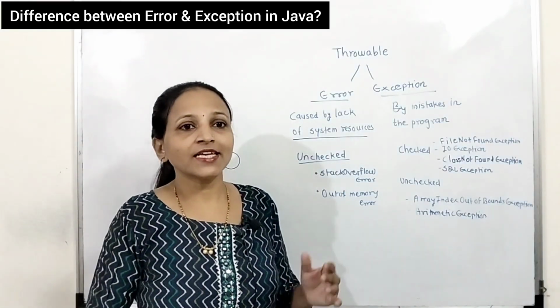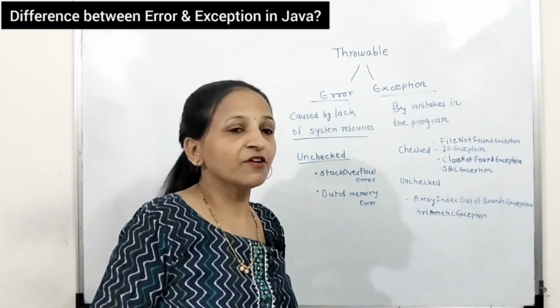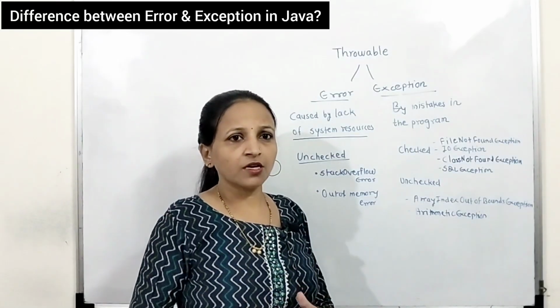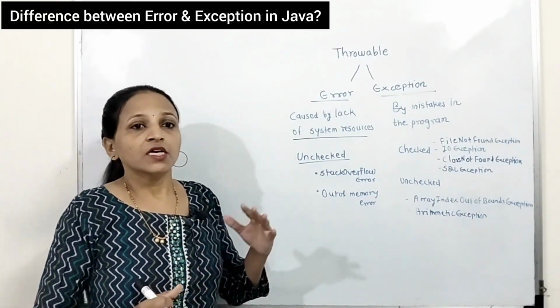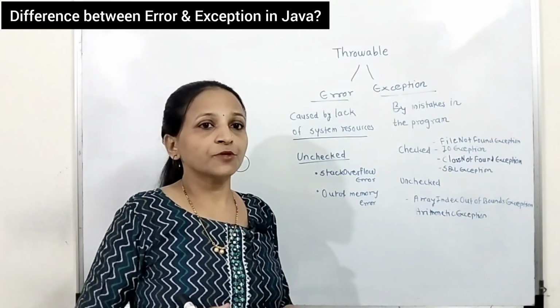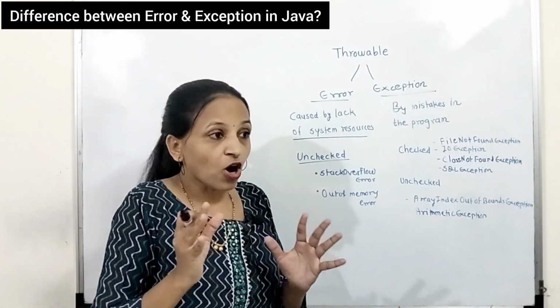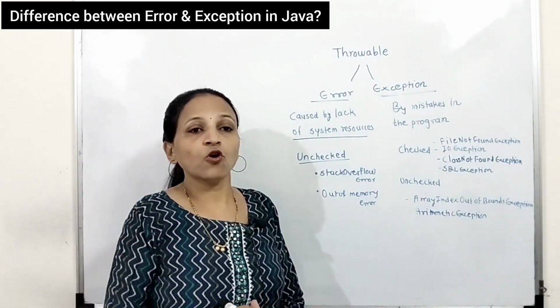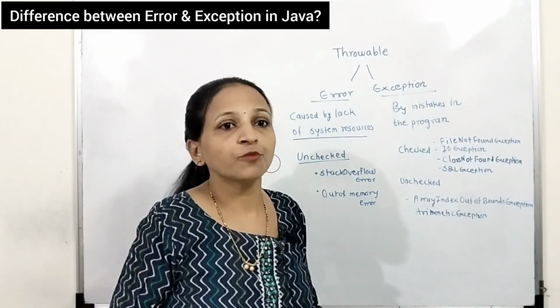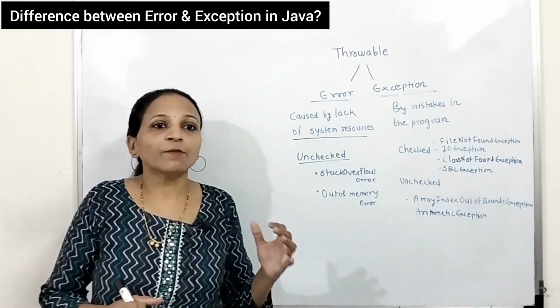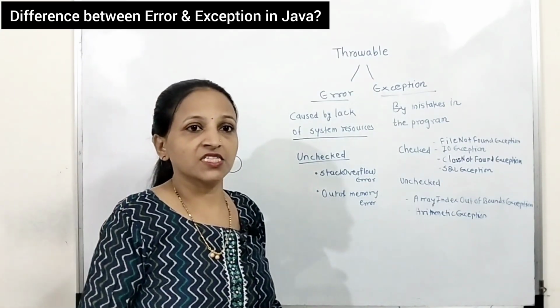Means suppose there is any possibility of a runtime event that may interrupt the normal flow of your program, such a type of interruption is checked by the compiler. That means, is there any possibility of occurrence of such type of runtime problem, that will be checked by the compiler in advance.